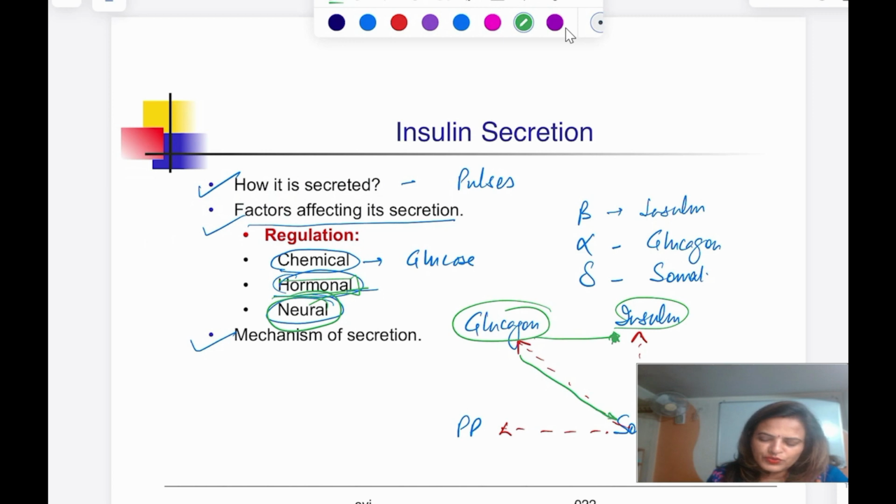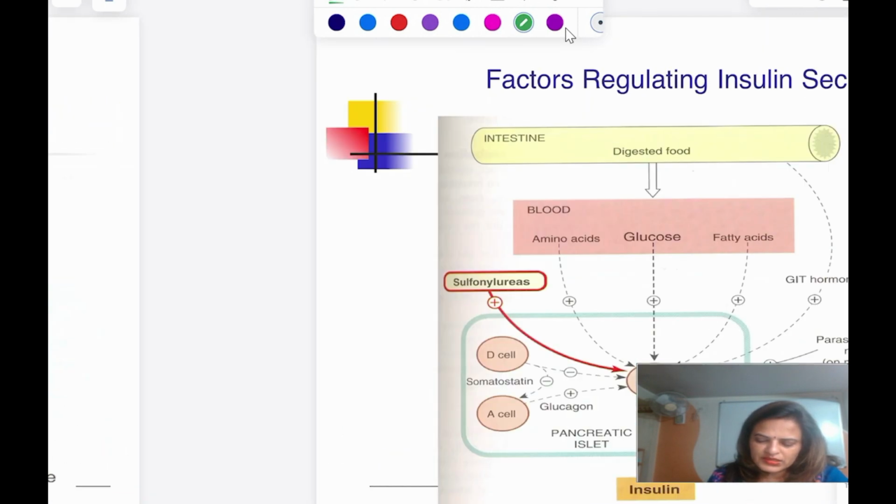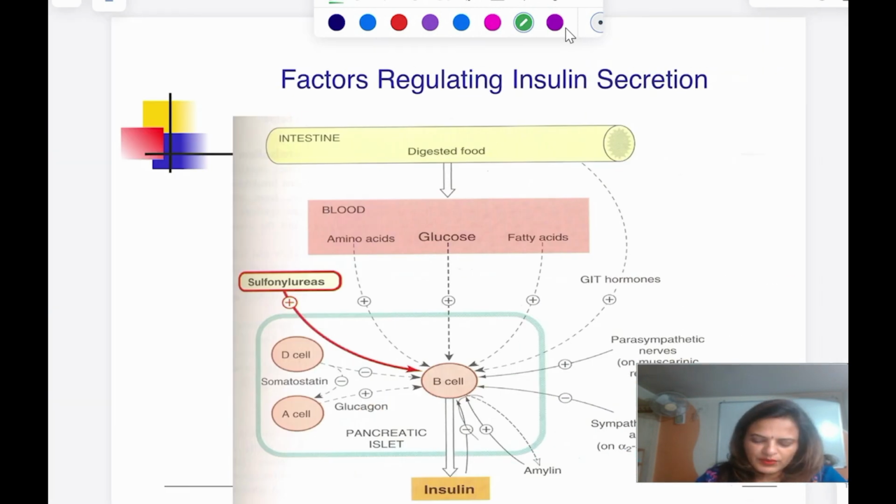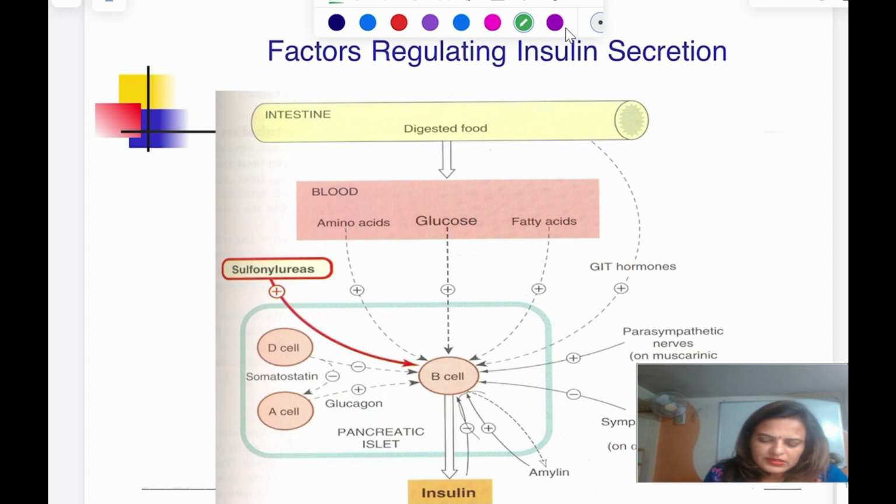Then coming to the neural, this is one picture I'll show of how it is regulated. So this is the chemical: glucose and fatty acids are going to stimulate the beta cell, and you can see plus plus plus here, so they are stimulating the release, all big plus. Then hormonal: from the glucagon positive, somatostatin negative.